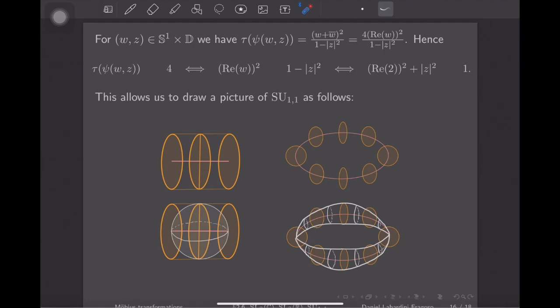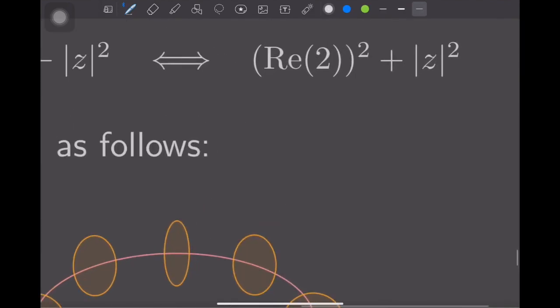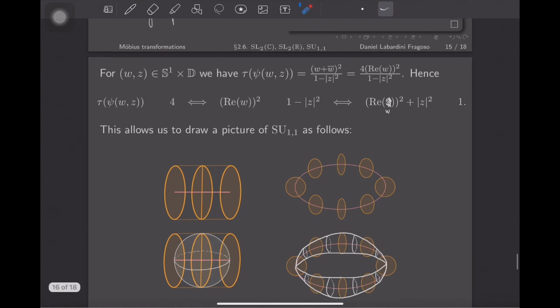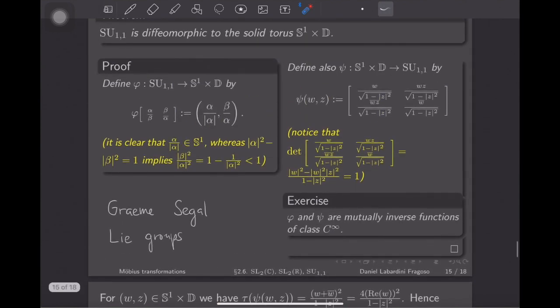By the way, here it should be W. So for a point in the torus, with this psi passing through SU(1,1), we have this 2 by 2 matrix.